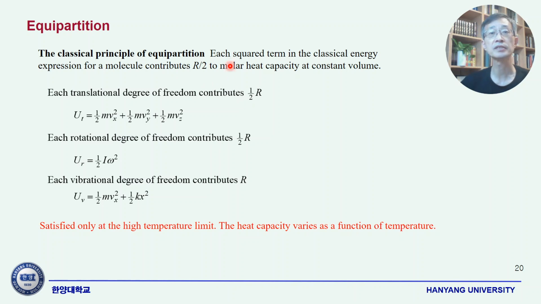So each square term in the classical energy expression for a molecule contributes 1/2 R to the molar heat capacity at constant volume. That's the catch, constant volume.